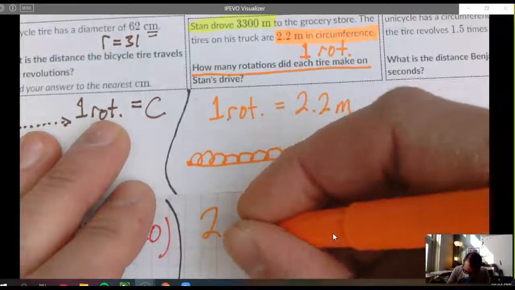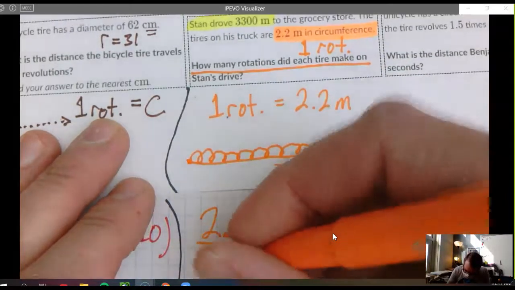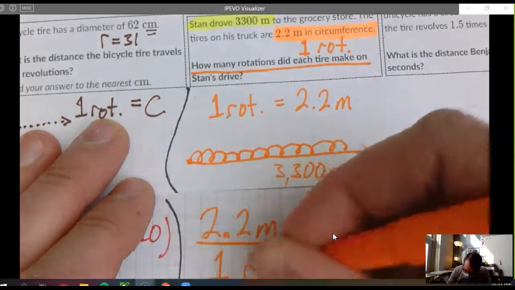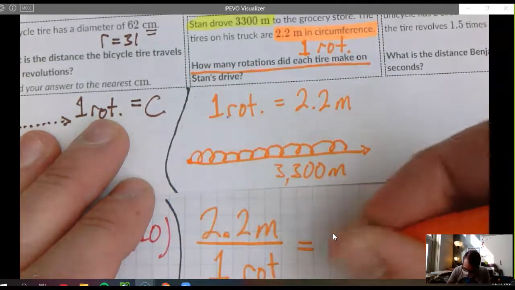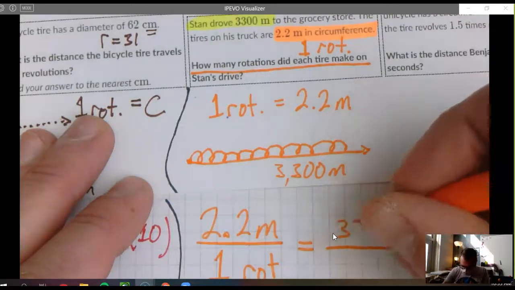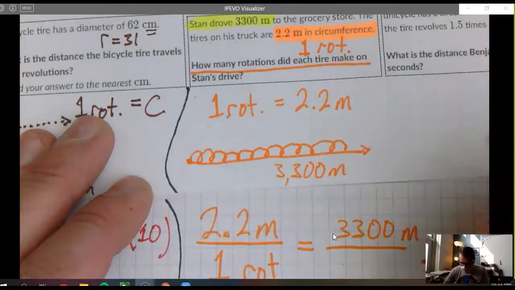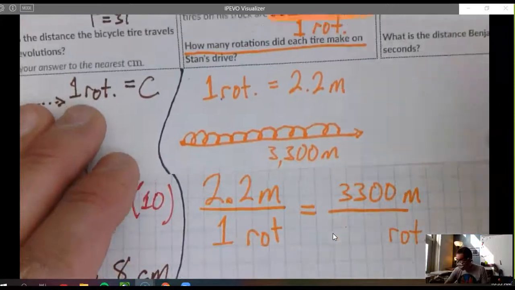That is a ratio that we can write down. Please, with me, write down 2.2 meters for every one rotation equals 3,300 meters over some number of rotations that we don't know.